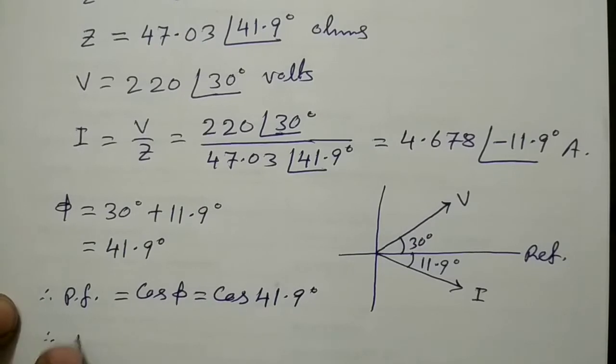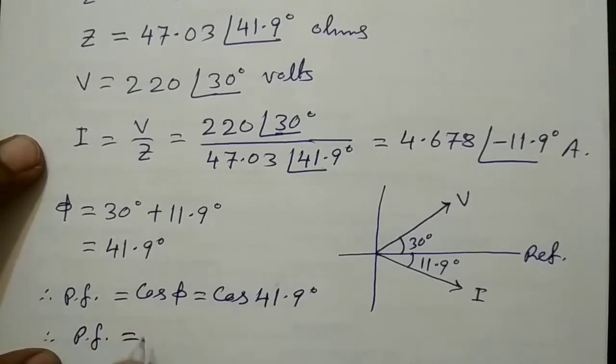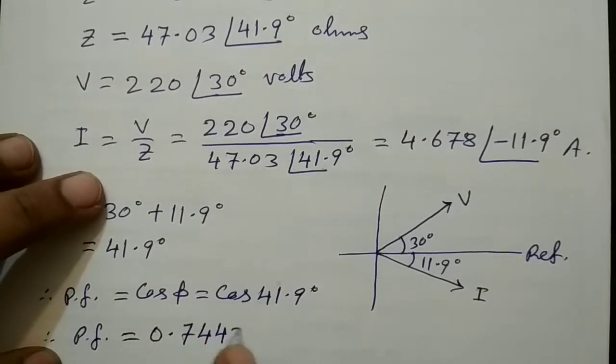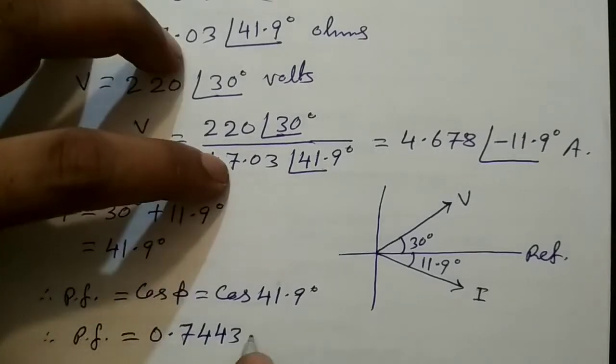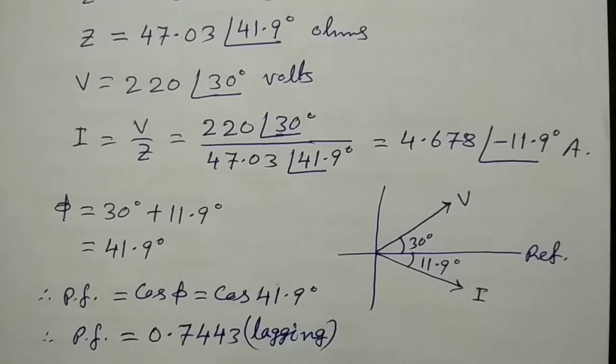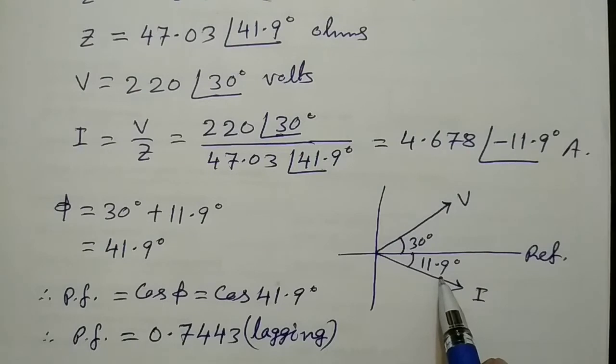Hence the power factor will be 0.7443 lagging, because in the phasor diagram we can see that the current is lagging the voltage, because it is a resistive inductive circuit. That's why the power factor will be lagging in nature.